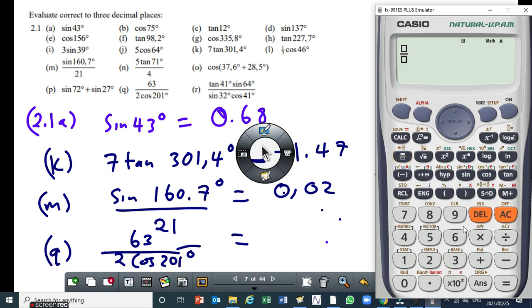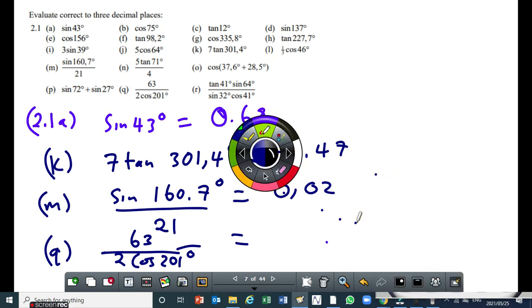Press the fraction option, you put 63 first, then your denominator, it's 2, then you multiply it by cos 201. So it will be 2 times cos 201. Then you close the bracket and you press equals. So it gives you minus 33.74.